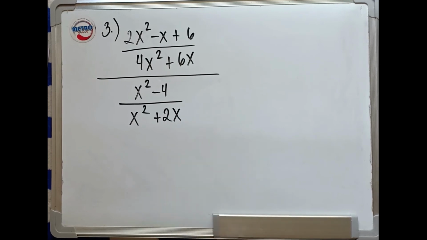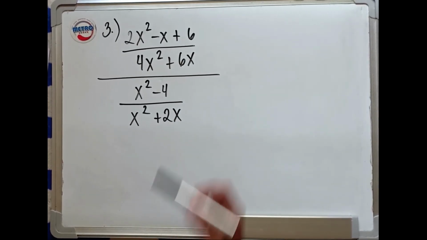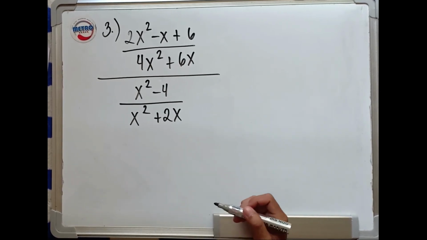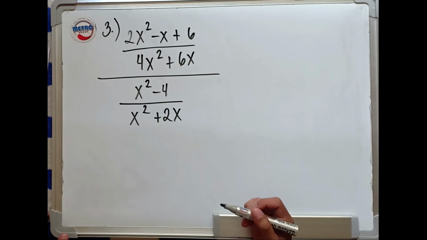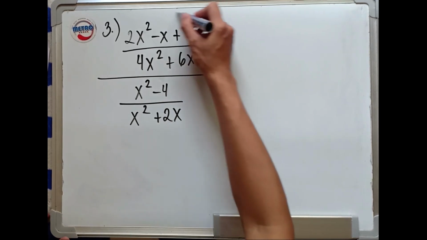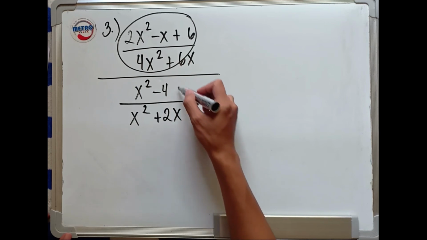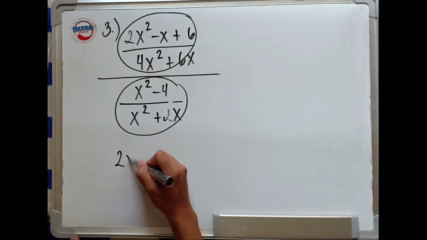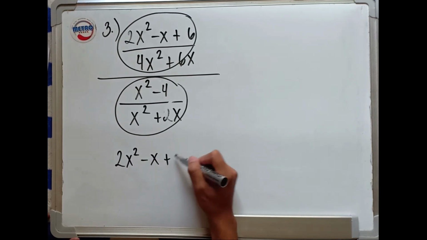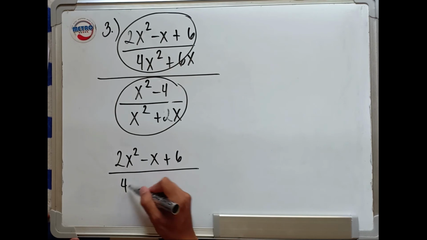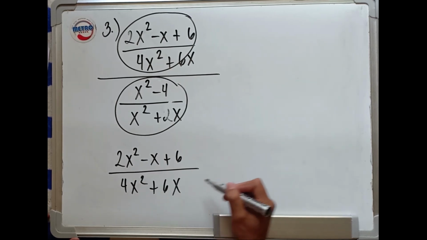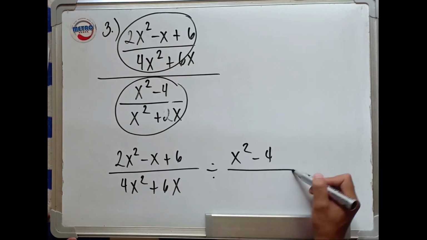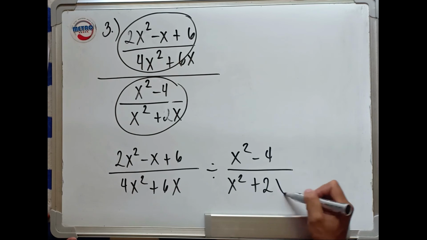Let's have example number 3. Even though this example is written in this way, the process is still division. So this fraction is divided by this fraction. Now, let us rewrite this given: 2x squared minus x plus 6 over 4x squared plus 6x is divided by x squared minus 4 over x squared plus 2x.